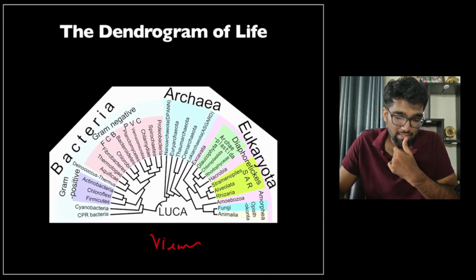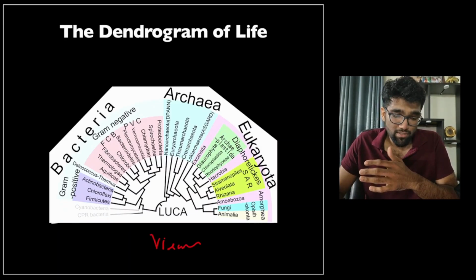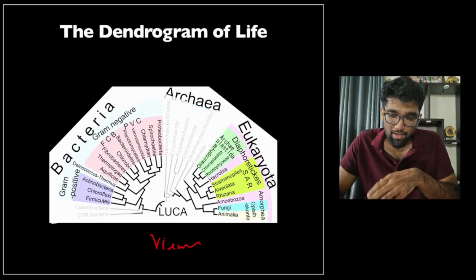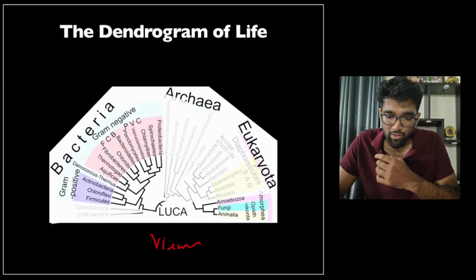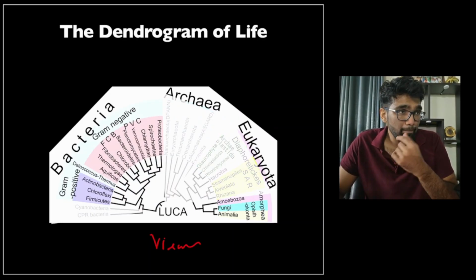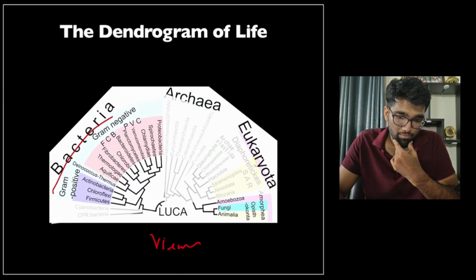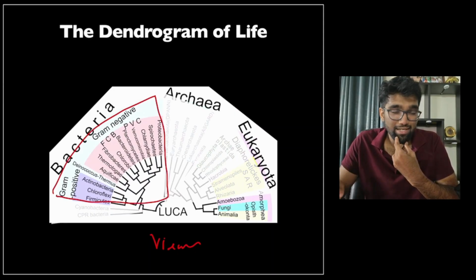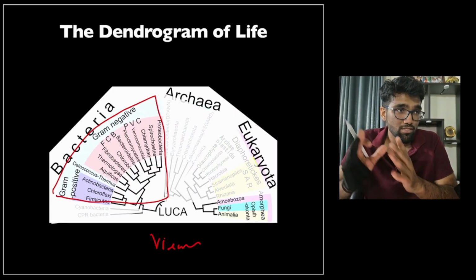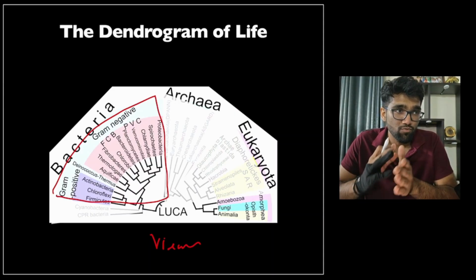So among these, what is clinically relevant to us are some bacteria, some eukaryotes, and viruses. Okay, so which are these bacteria? That is this entire group. Clearly a separate detection, processing, and response mechanism has to exist for bacteria.